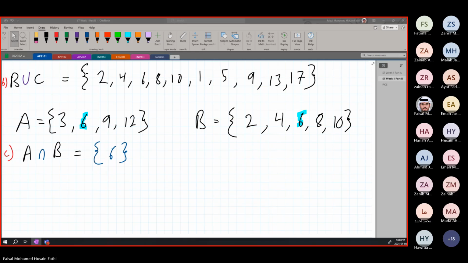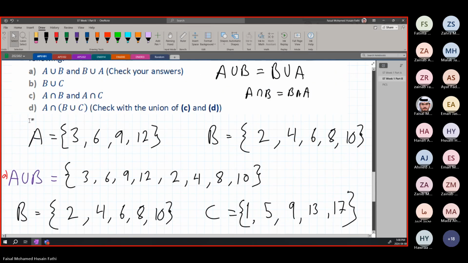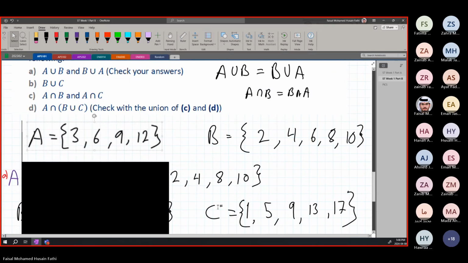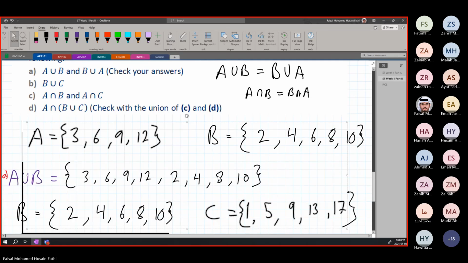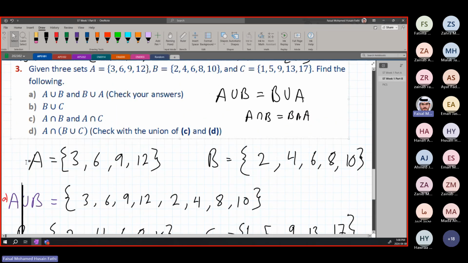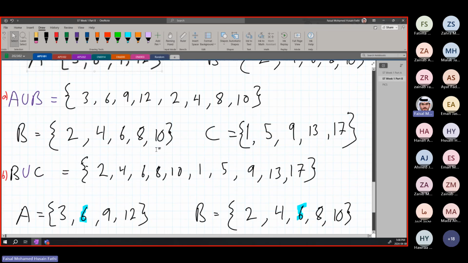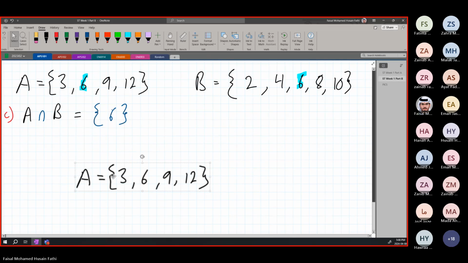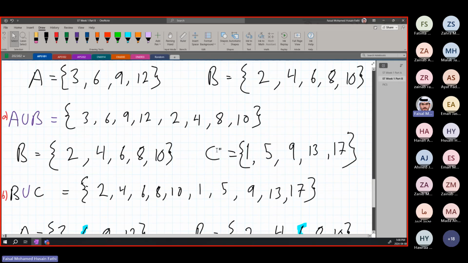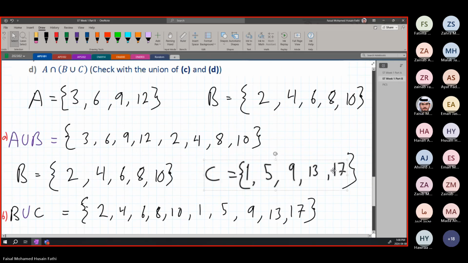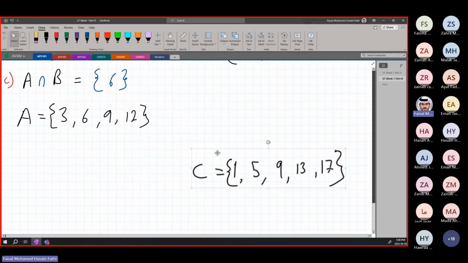All right. Very straightforward. Okay? 6. And now we're going to do the exact same thing again for A and C. We're going to copy paste it down here. A and C. And they want us to find whether there's an intersection.